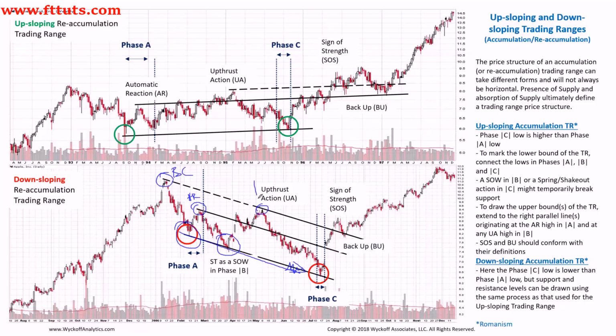So for instance, this was a very important line. So please note how both the spring or shakeout in phase C has been defined by those lines. That's number one. And how the sign of strength and the backing up action have been defined by these lines.